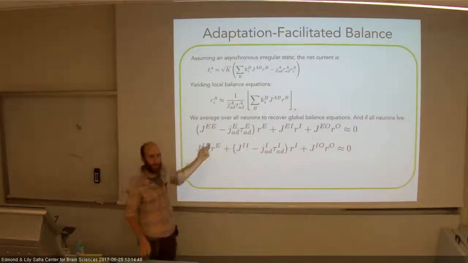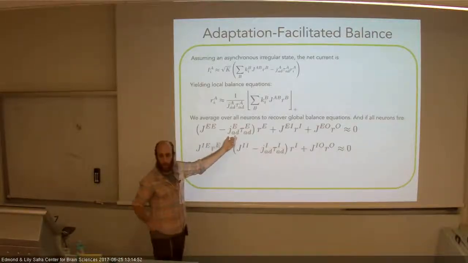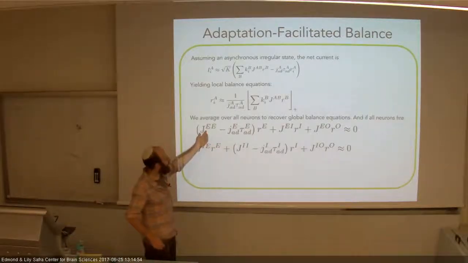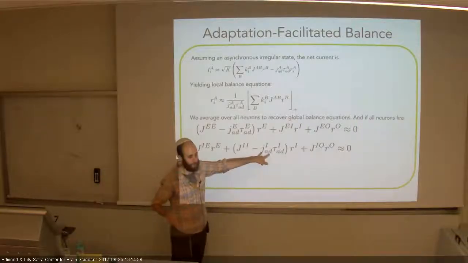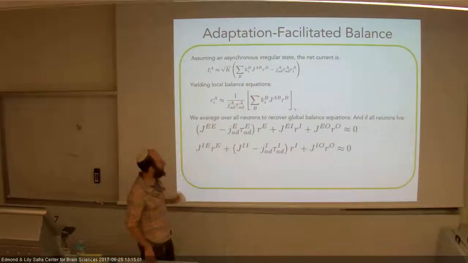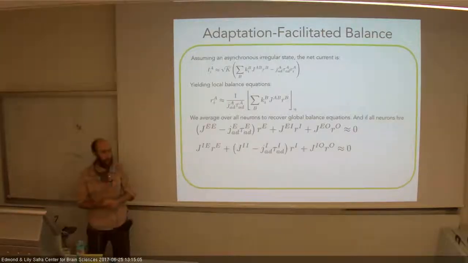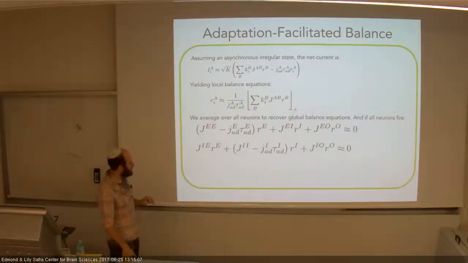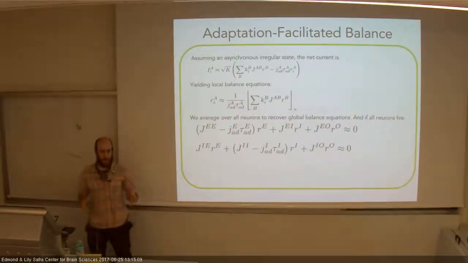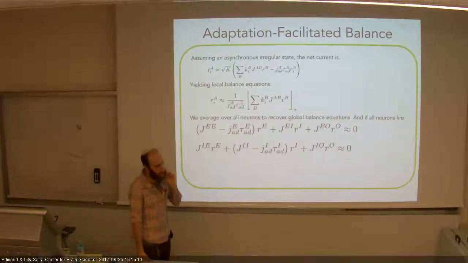Basically, we just wind up subtracting the effective adaptation current from the excitatory drive, and similarly for the inhibitory population, subtracting the net adaptation from its inhibitory drive. And there are the two global balance equations for the two unknowns. And so that's our theory. That's our model.